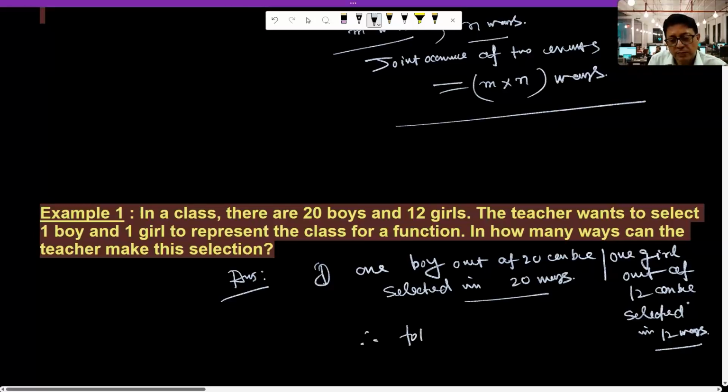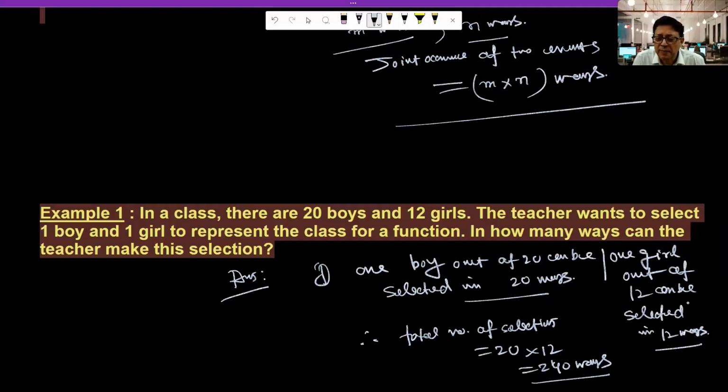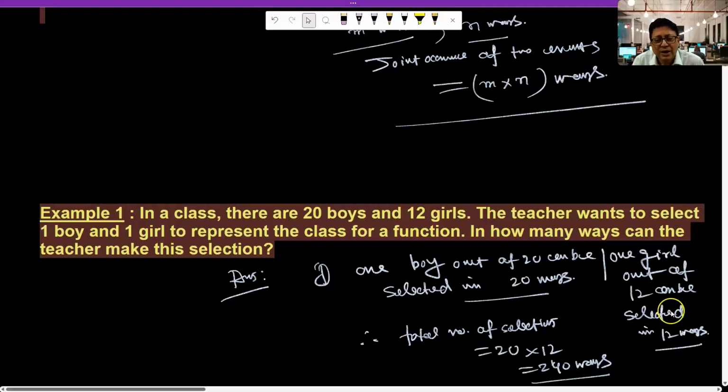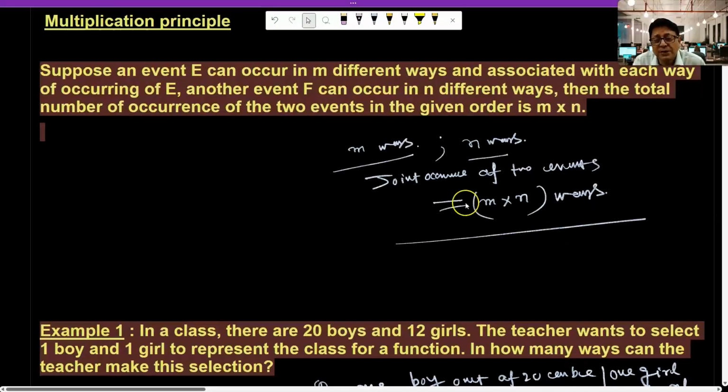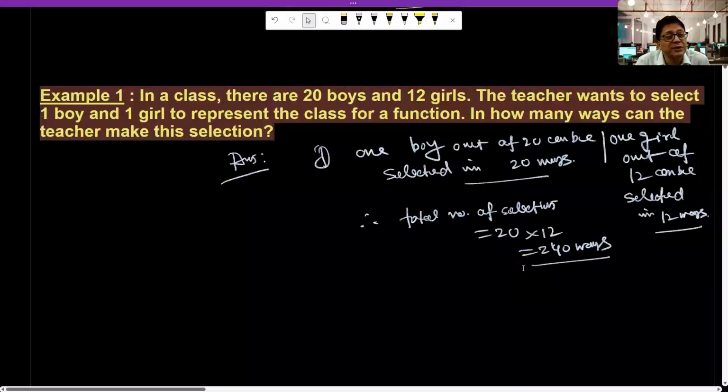Therefore, the total number of selections will be this, equal to 240 ways. So the number of selections of one boy and a girl, by using the fundamental principle of counting, can be done in 240 ways.